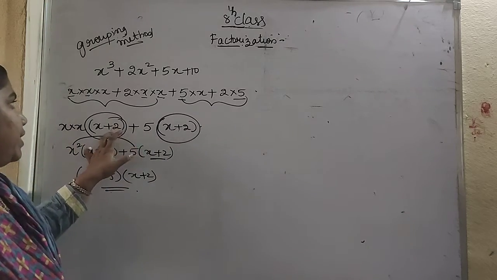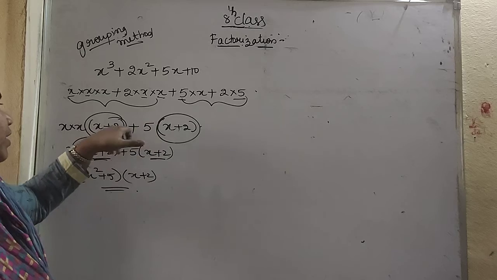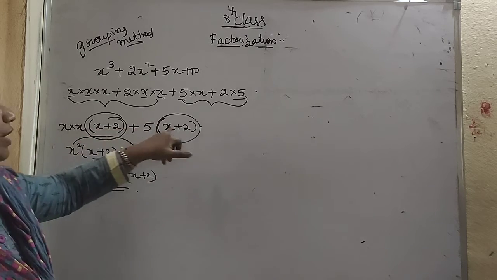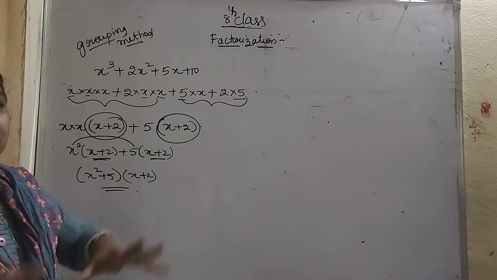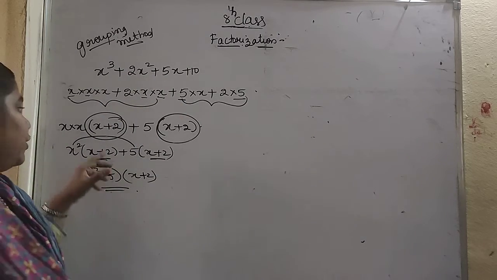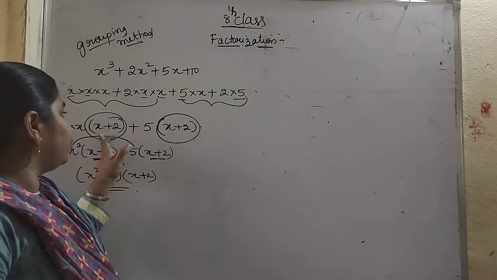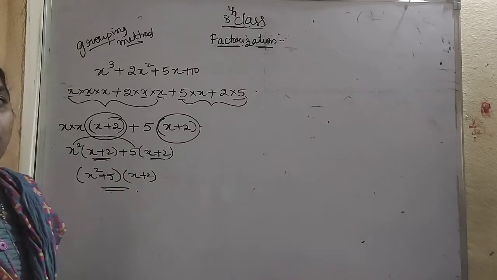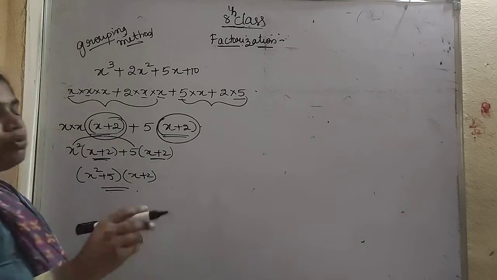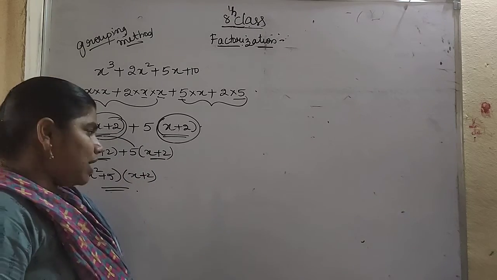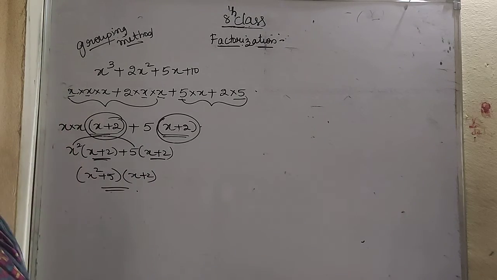If you are not getting these 2 factors the same, suppose here you get x plus 2 and here x plus 3, then you have to rearrange the given terms until you get these 2 terms as common. Whenever you get these 2 terms as common, then only what you did will be a correct answer. So this is called the grouping method.